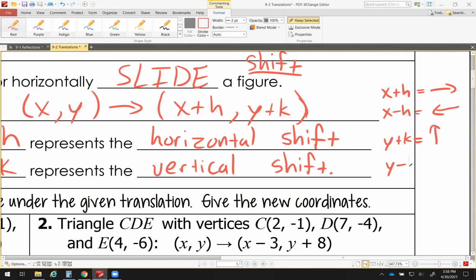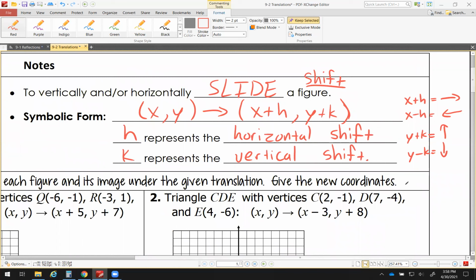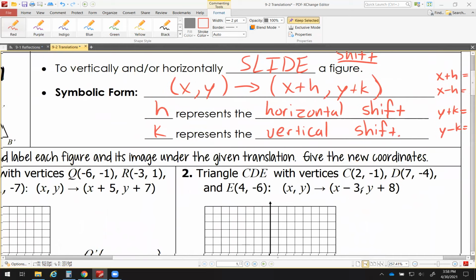And a y minus k means you're moving down. So x plus h to the right, x minus h to the left, y plus k up, y minus k down. And fun fact, when you get to Algebra 2 next year, the x's actually swap. So minus would be right and plus would be left, but don't worry about that just yet. Worry about that next year.